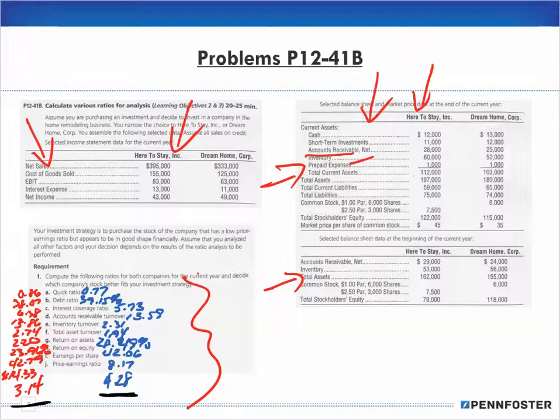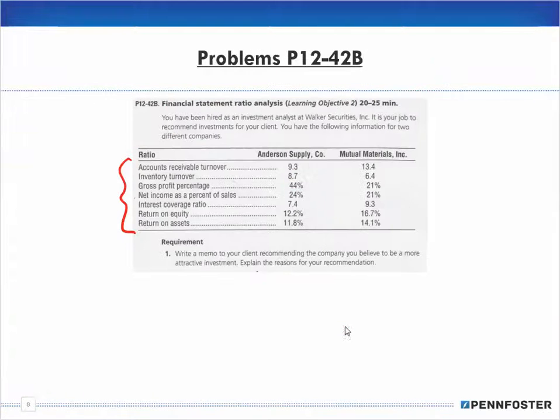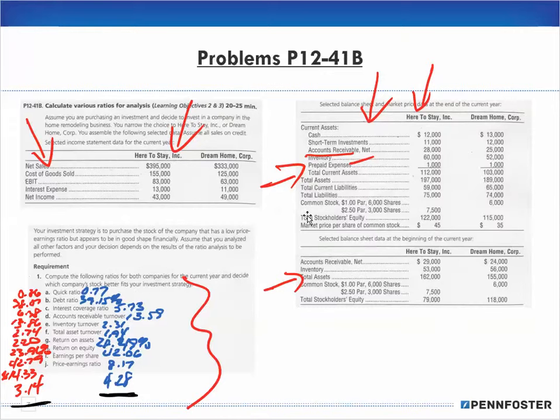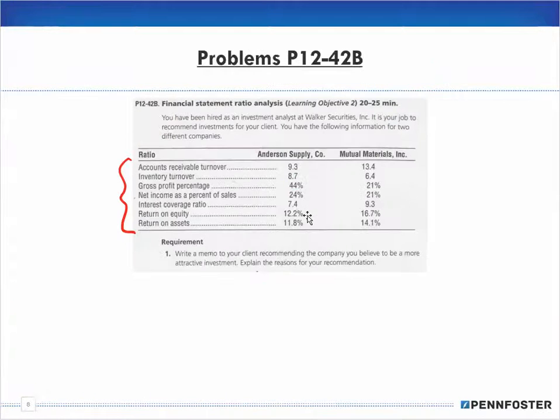So you come up with these ratios, and then you make your financial decision based upon what it is. You answer whatever questions you have from an analysis perspective. So in problem 42 here, you're already being given this information. We didn't have to go back and calculate it like we did in problem 12-41, right?